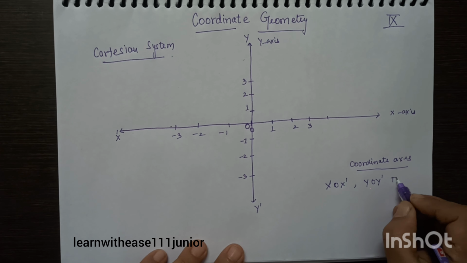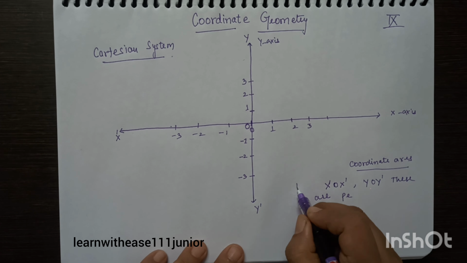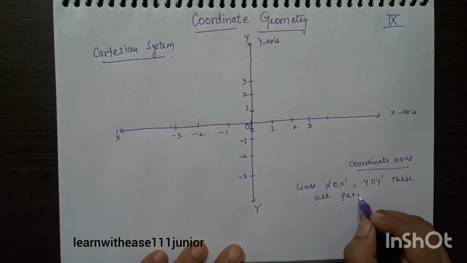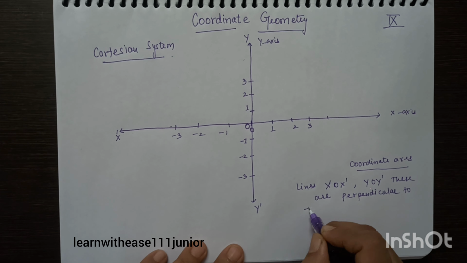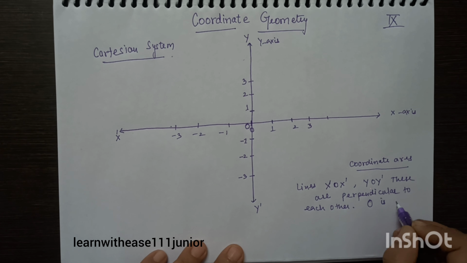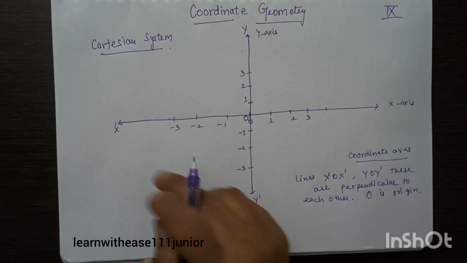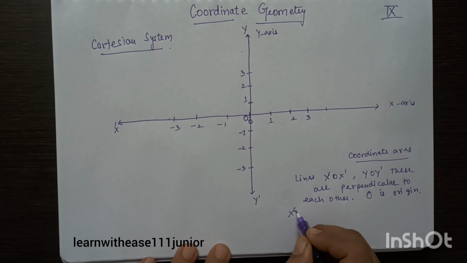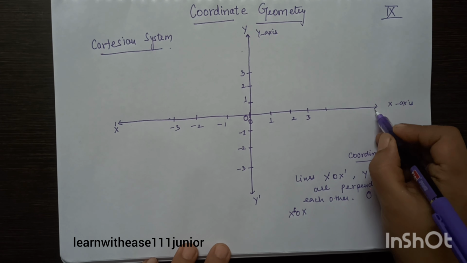These lines are perpendicular to each other. Point O is origin. It's your comfort whether you say x o x dash or x dash o x, one and the same thing.